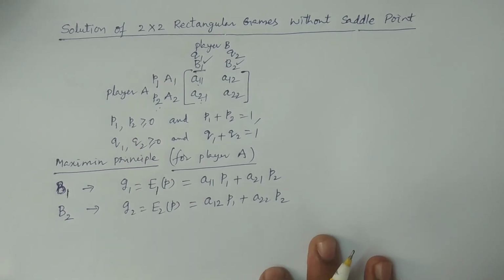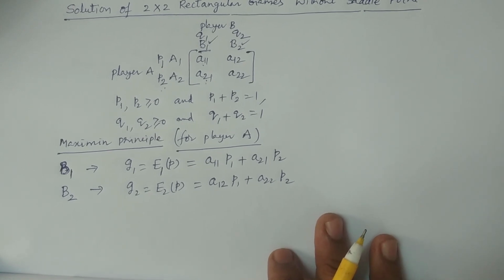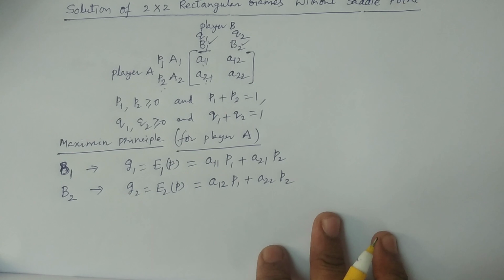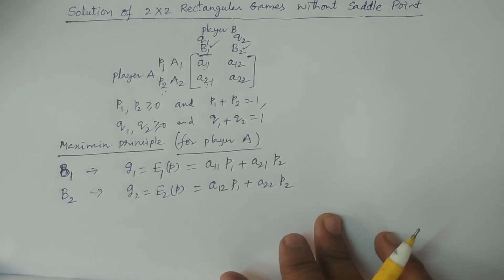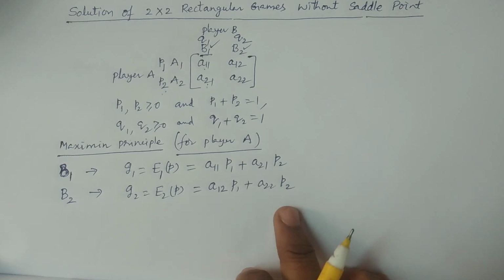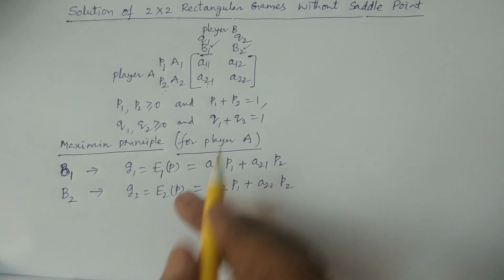Then, while considering the maximum expected gain, player A would always select the maximum expected gain among these minimum expected gains. So these two, E1(P) and E2(P), correspond to the two strategies of player B, B1 and B2.